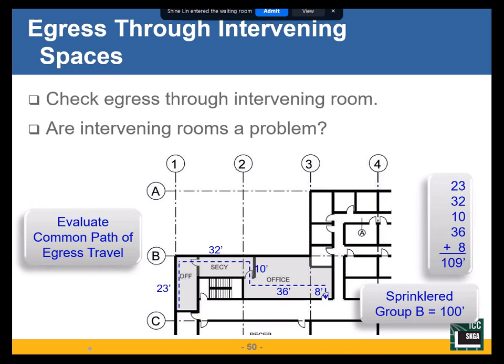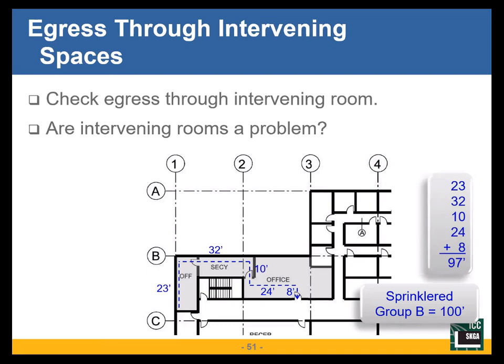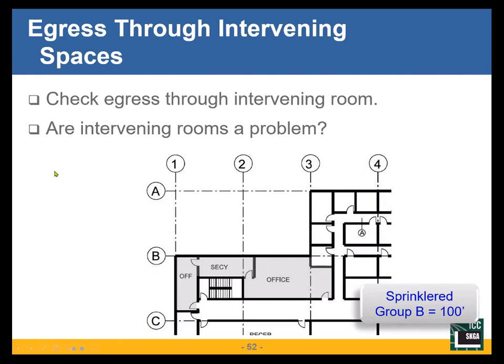And if I exceeded 100 feet, the designer has options. I have 2 exits, or I can move the exit. I relocate this exit from here to here, and I'm going to measure again. Oh, 97. That solved the problem. Other option: I add a second exit, or I add a required exit out of the office.